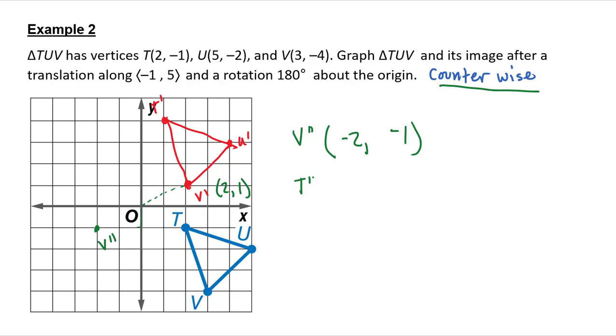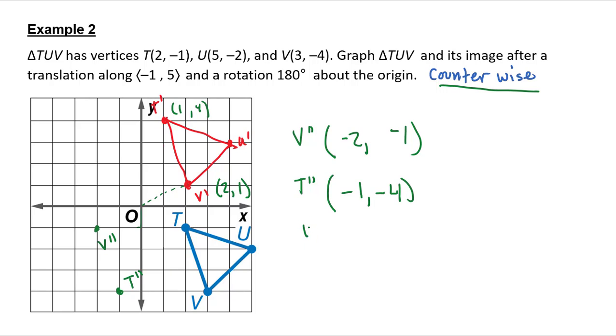So T double prime, his coordinates here are 1, 2, 3, 4. So his coordinates are (-1, -4). And let's make sure that makes sense. Yeah, (-1, -4).